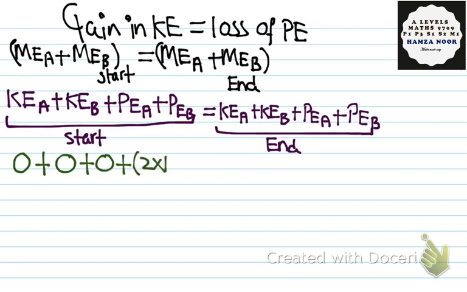So this will be mgh, and the mass of particle B is 2 kilograms: 2 multiplied by 10 multiplied by 3.24, because particle B initially hangs 3.24 meters above the ground. This whole thing will be equal to kinetic energy of A plus kinetic energy of B. This means the gain in kinetic energy.